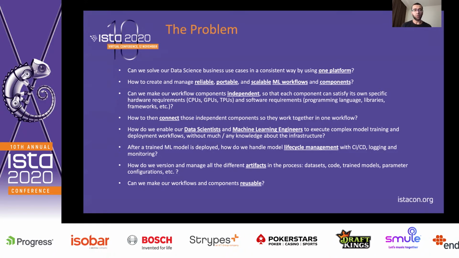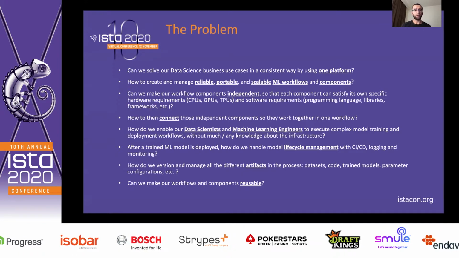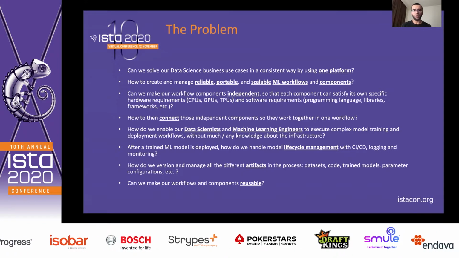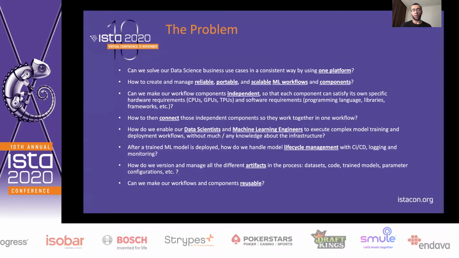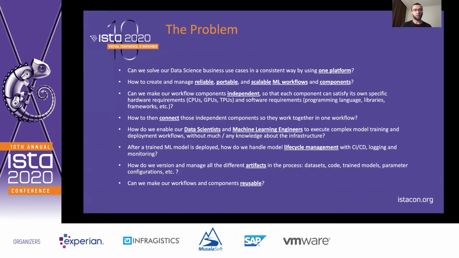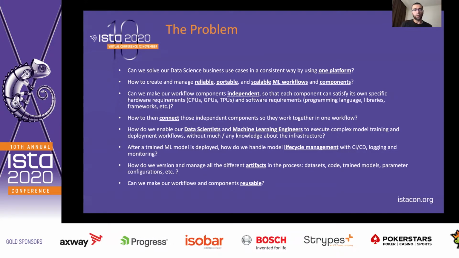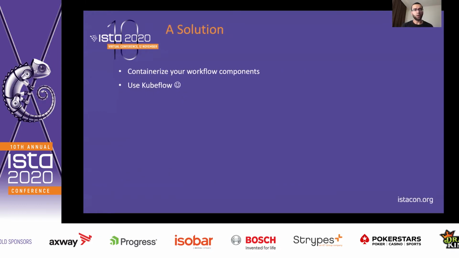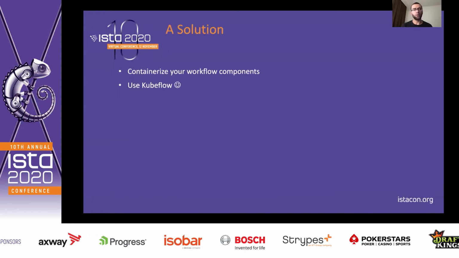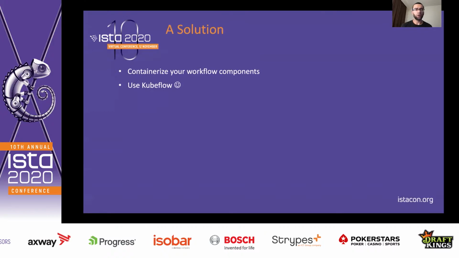And during this entire process, there are many artifacts, and we want to version these artifacts and manage them somehow. And finally, we want to make our workflows and components reusable so that we are more efficient for future use cases.